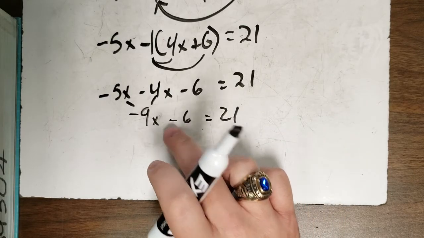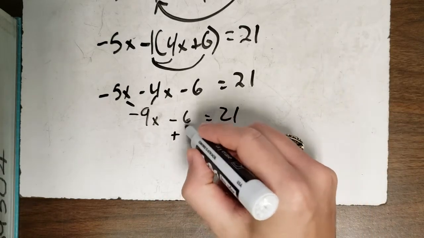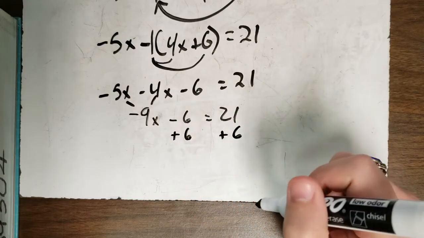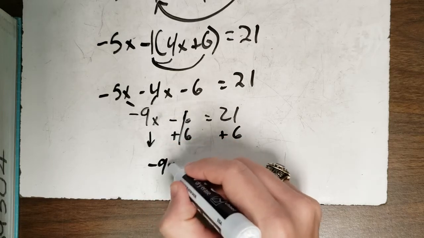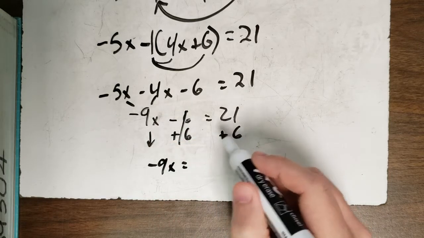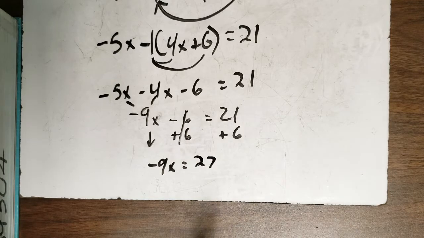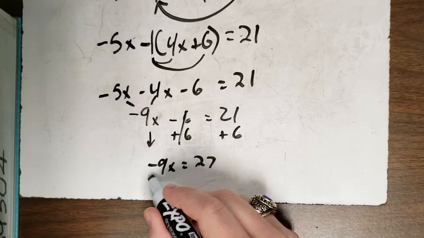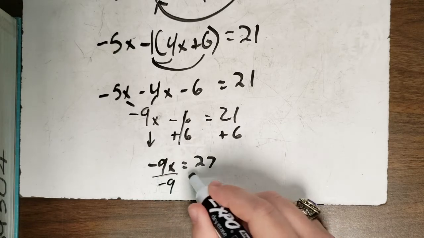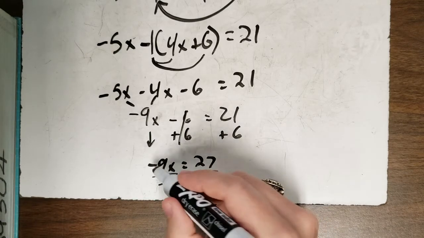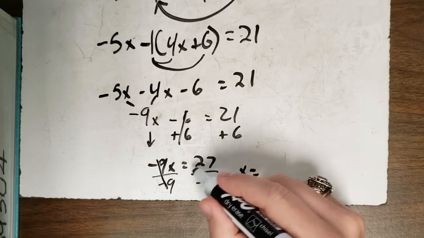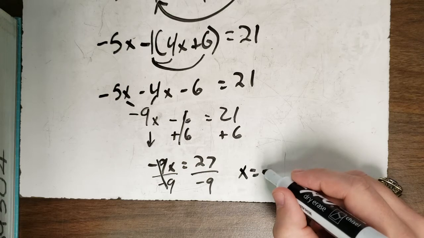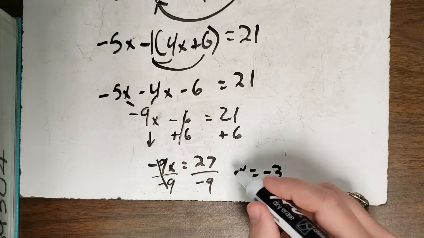So it's minus 6, do the opposite, plus 6 here, plus 6 here. That cancels. Bring down our negative 9x, and that equals 21 plus 6, which is 27. Last step, get the x by itself, we must divide by negative 9 here, negative 9 there. That cancels. And x equals 27 divided by negative 9, which equals negative 3.